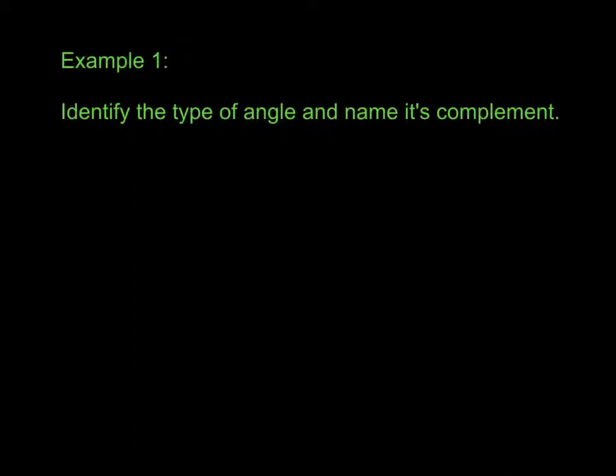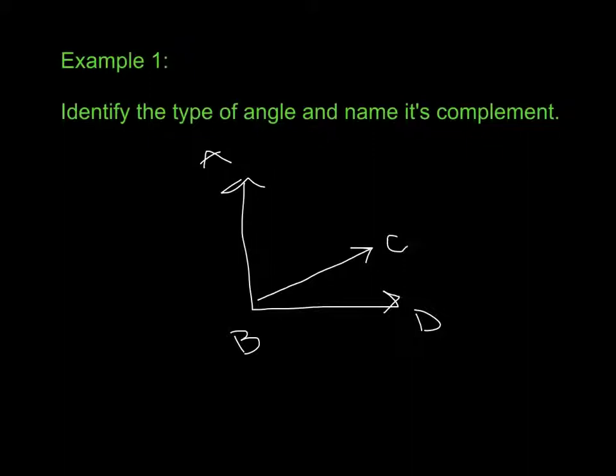For example 1, I want you to identify the type of angle that I draw and name its complement. So I'm going to draw angle ABD, and I'm going to draw also angle CBD. Angle CBD is going to be 20 degrees. So what kind of an angle is angle CBD?